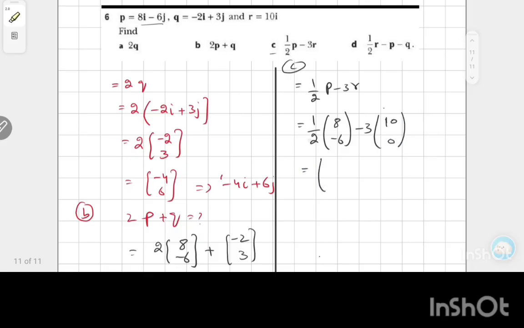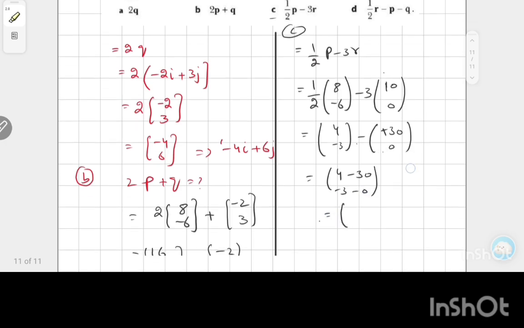Okay, now 1 by 2 of 8, we got 8 divided by 2, which is 4. Minus 6 divided by 2 is minus 3. Here is minus 3 times 10, minus 30, and minus 3 times 0 is 0.